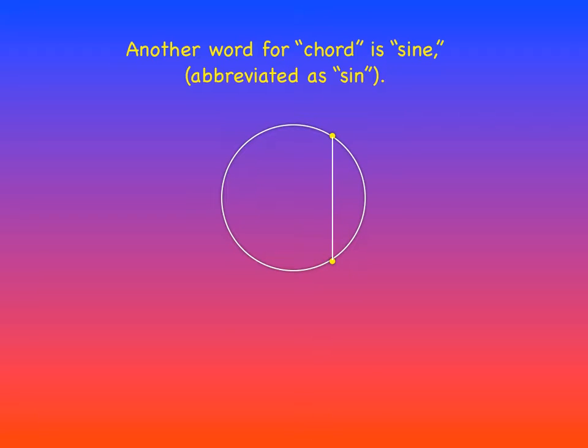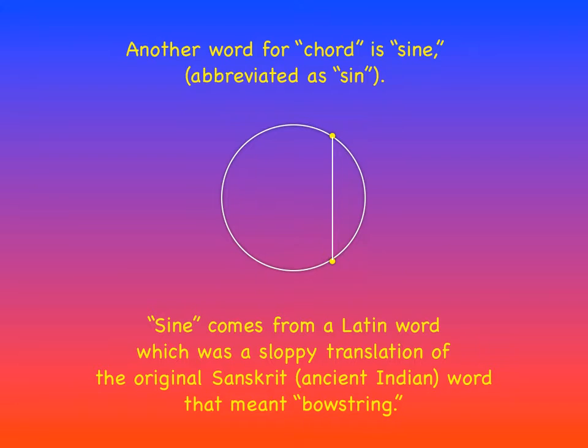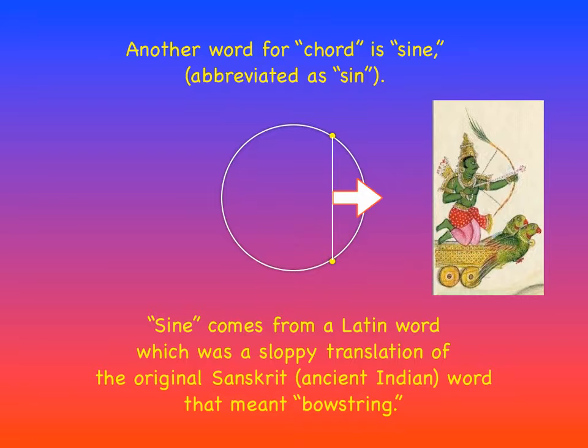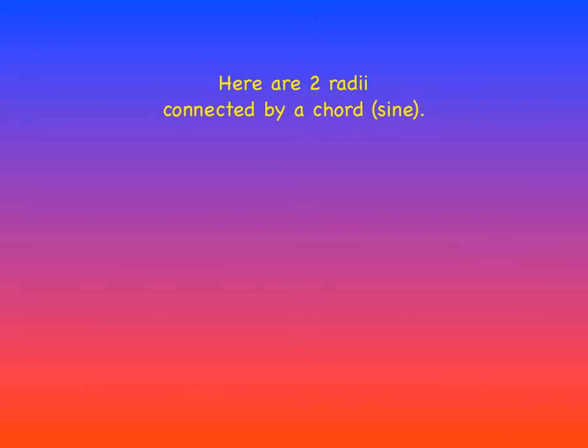So here's another chord, or sine. Sine actually comes from a Latin word which was a sloppy translation of the original Sanskrit word that meant bowstring. Here are two radii connected by a chord, or in other words, a sine.